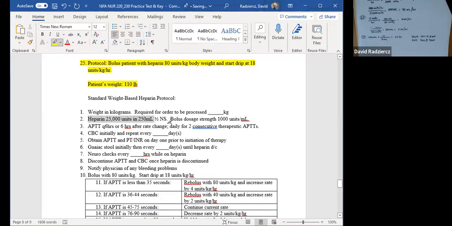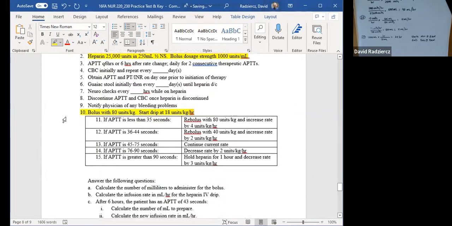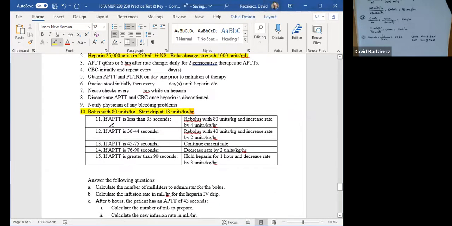You need to know step 2 of the protocol, and you need to be familiar with step 10 of the protocol, which just repeats what it says up here, where it says, bolus the patient with heparin 80 units per kilogram of body weight. Additionally, you're going to need to review the APTT section when it asks you to do that.